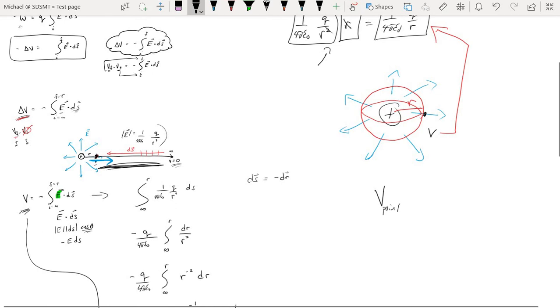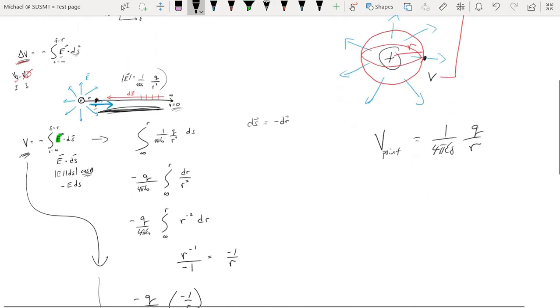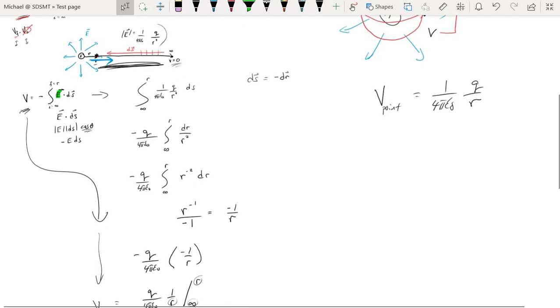So for a point charge, we have our electric potential value. And at this point we're thinking, okay, that's for a point charge. What else is there that we need to look at in terms of electric potentials? And the easy answer is everything that we've seen from previous chapters in terms of deriving electric field.